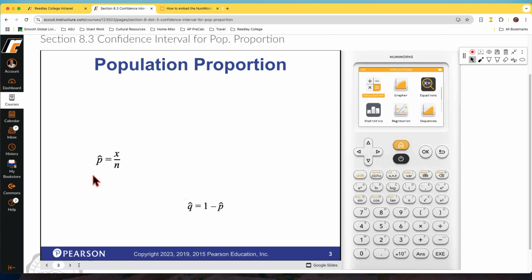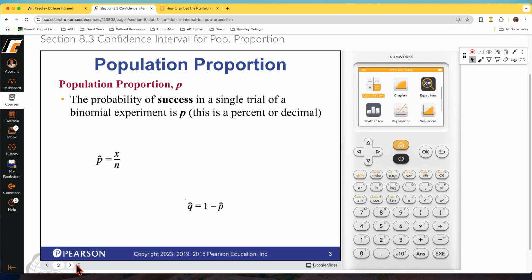So what's a population proportion? Well, population proportion is the probability of success, just like we talked about. We use p, it's a percent or a decimal, and it's the probability of success. Now, we may have more than one proportion. We'll look at those in a little bit.